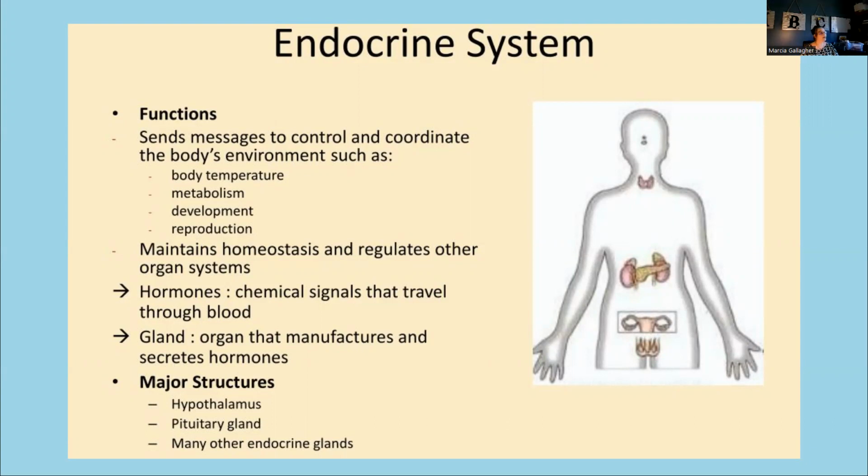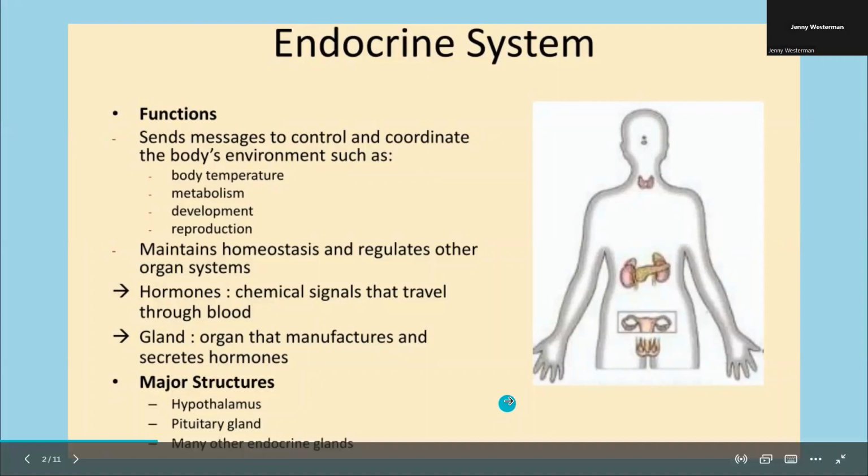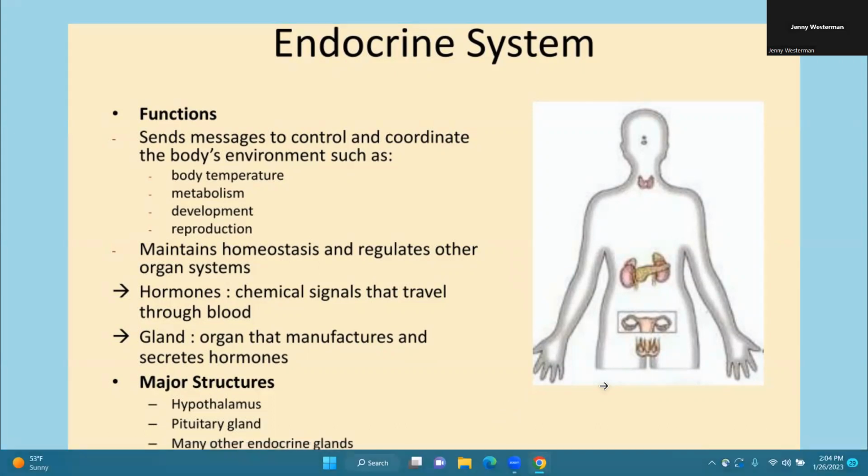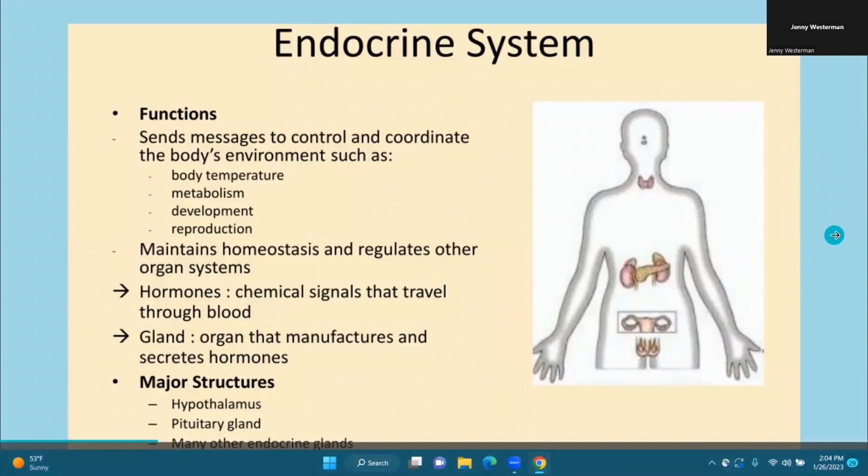It maintains homeostasis and regulates other organs, takes care of hormones, which are chemical signals that travel through the blood, glands, organs that manufacture and secrete hormones, and major structures such as the hypothalamus, pituitary glands, and many other endocrine glands.